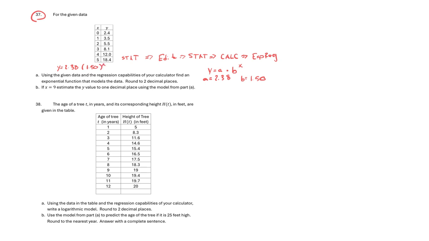So now once we have this, it's going to tell us if x equals 9, estimate y to 1 decimal place. If you use your rounded answer, with these 2 decimal places, you'll get that y equals, if we round to 1 decimal place, 91.5.